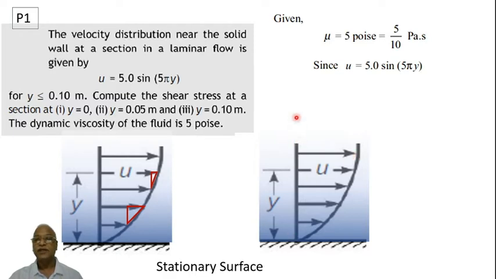But after some time, you move any amount of y, this u is becoming constant, right? There is no change in velocity. But nearer to the solid surface, nearer to the stationary surface, when the fluid is moving, there is a change in velocity to a larger extent that you can observe here.